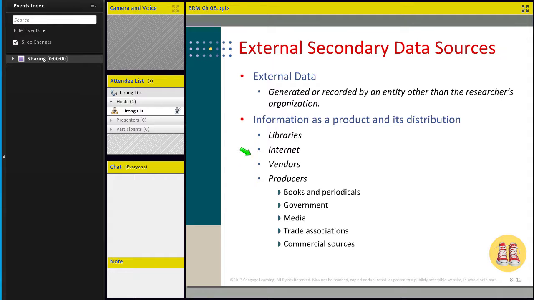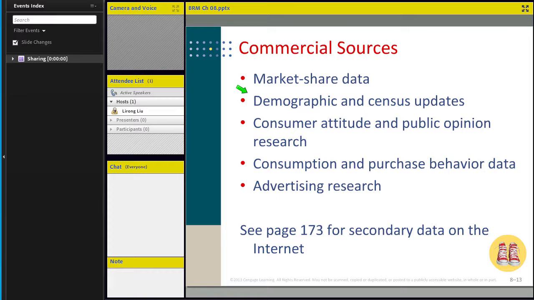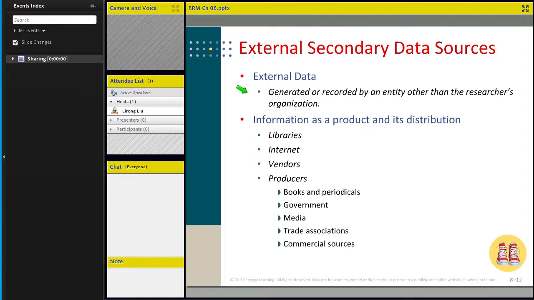Here's what I do want to let you know about external secondary data sources. Okay, so for the external secondary data, there are two main categories. One is free from the internet.